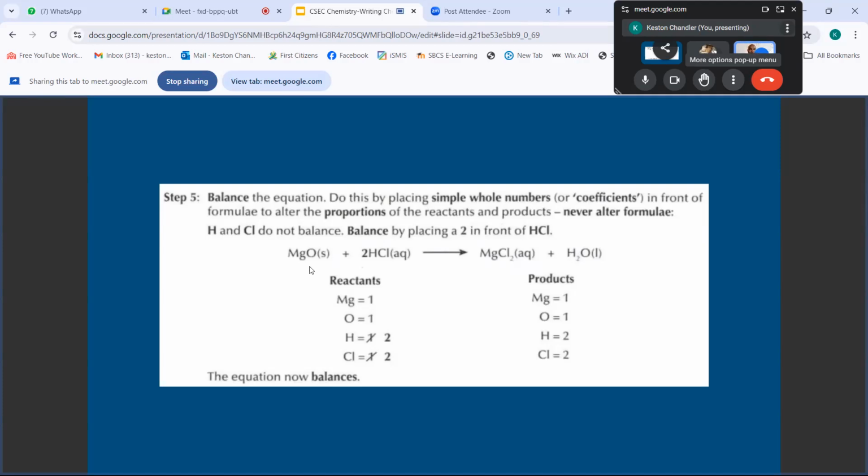It means that on the simplest scale, for magnesium oxide to react with hydrogen chloride, you actually need 2 hydrogen chloride molecules in there. So that when you react, you will have 2 chlorine atoms that could bond with magnesium, and you could have 2 hydrogen atoms that could bond with oxygen to form water, right? This is what we mean by balancing the equation. Does that make sense to you? You understand that?